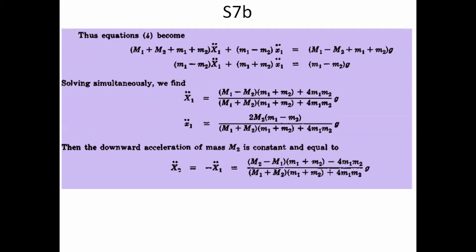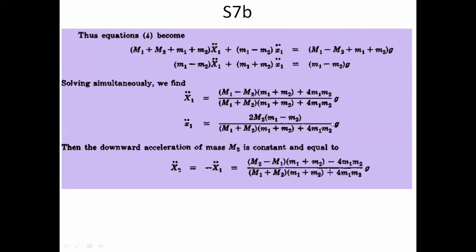This is just a linear algebraic equation, one can solve it easily. The acceleration is given in the last line by a slightly longish expression, m2 minus m1, m1 plus m2 minus 4 m1 m2, and so on, multiplied by g. So the problem essentially is simple.